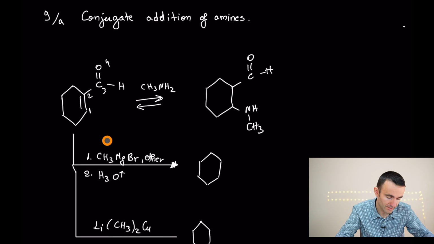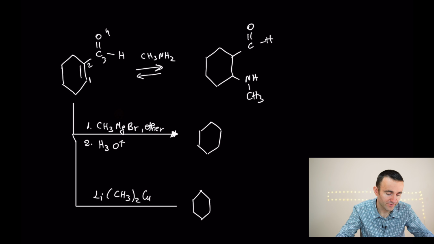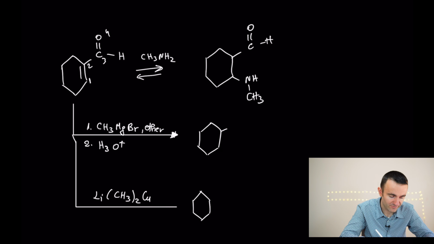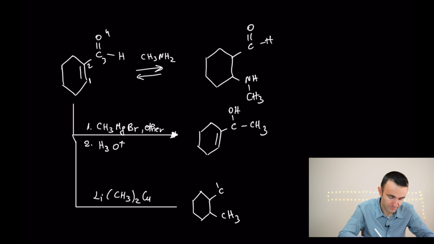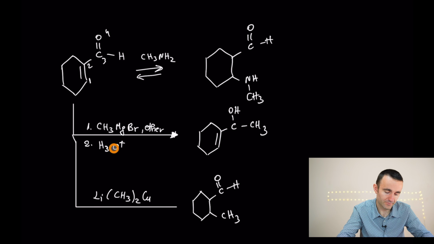In the case of a Grignard reagent, it is not going to have the same effect. The formation of the alcohol is going to be here. In the case of the organocopper compounds, here you are going to see the CH3, right? This remains untouched.